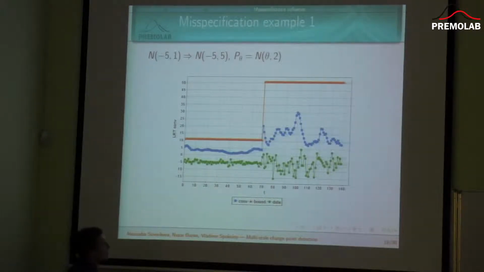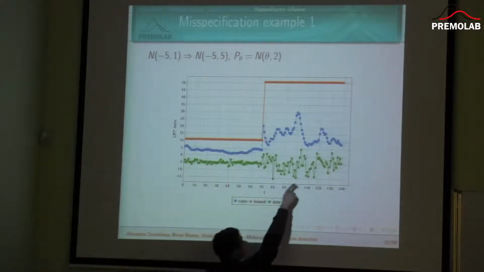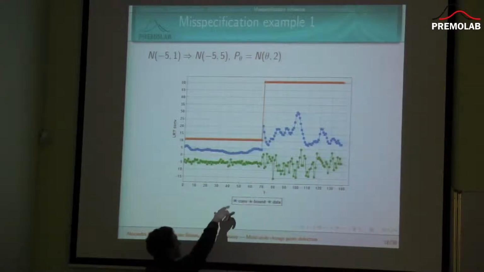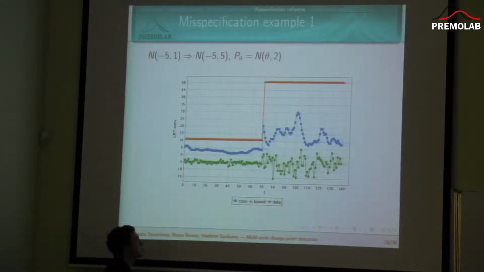Even if here there is no change point, if we keep the same upper bound, it will find multiple change points. So it was our first problem, because of which the experiments become not very good.